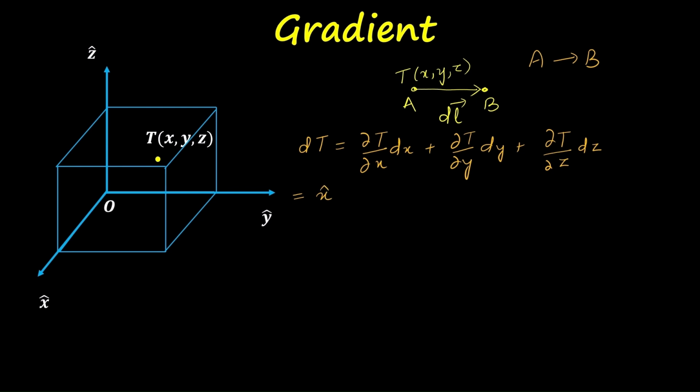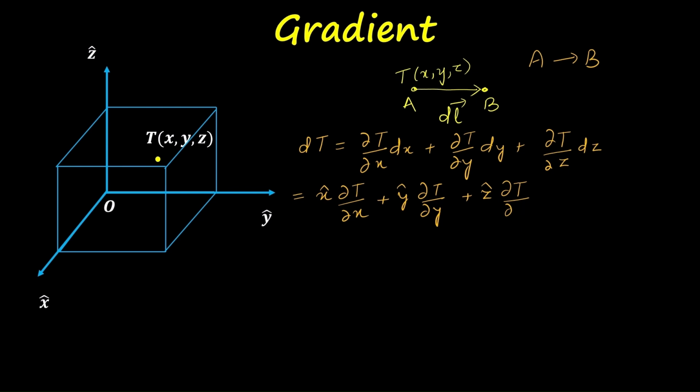Now, we can rearrange this expression in the form of a dot product. We can write x cap times the partial derivative of T with respect to x. Similarly, for the y term, we can write like this. Then for the z term, we can write like this.